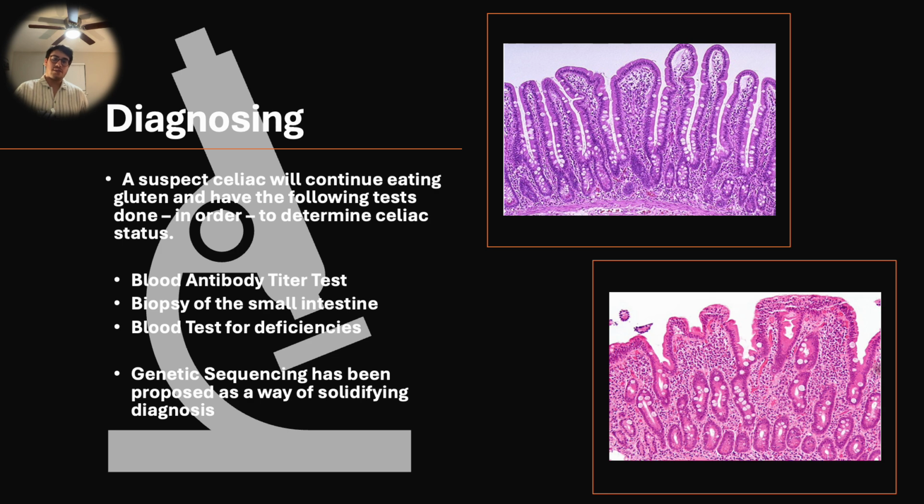So the first thing that ends up happening is a blood test. They're going to be checking your blood for those antibodies that we talked about earlier that erode the villi. And so if they do see that level of antibody, they might ask you to sign up for a biopsy procedure.